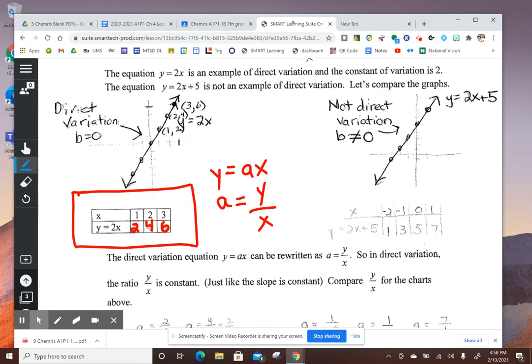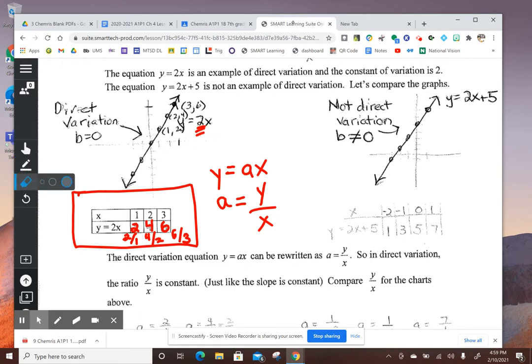If I put y over x here, this is 2 over 1, which is 2. Here, that's 4 over 2, which is 2. And here, that's 6 over 3, which is 2. So each time a stays the same, a is a constant, and a is 2.